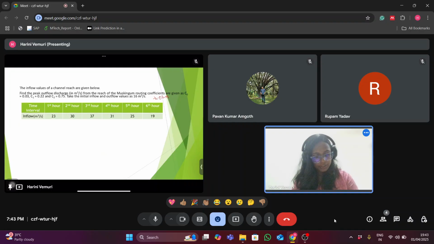So we know the equation is O2 equal to C naught I2 plus C1 I1 plus C2 O1. So the outflow at time step 1 is equal to C naught I1 plus C1 I naught plus C2 O naught.